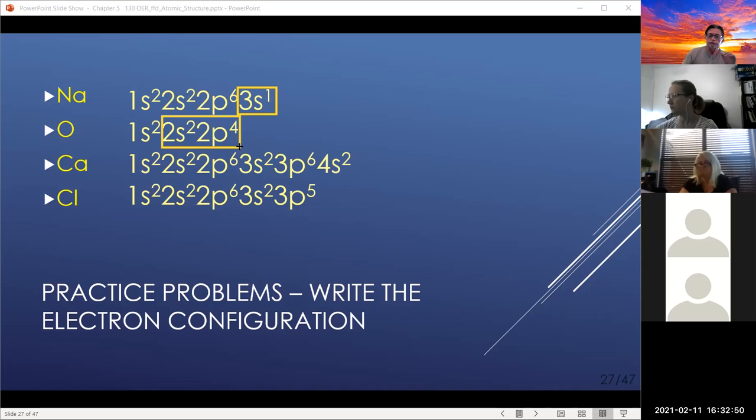Go to calcium. Calcium is in the fourth period and in group 2A, which tells you it has 2 valence electrons in the fourth period. All the other electrons are full, hence we have 1s2, 2s2, 2p6, 3s2, 3p6, and then finally 4s2.